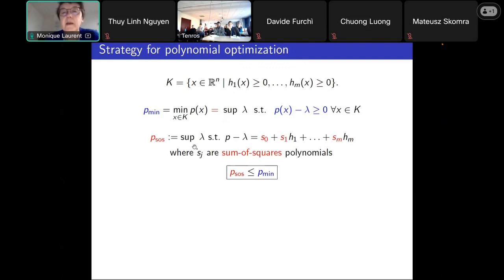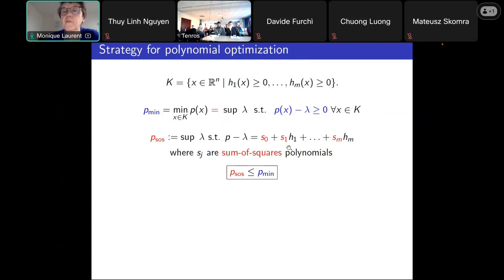So then by construction, we get a bound which is a lower bound for the minimum, because if P minus lambda has such a decomposition, then P minus lambda is non-negative over K, and thus P source is at most P min.